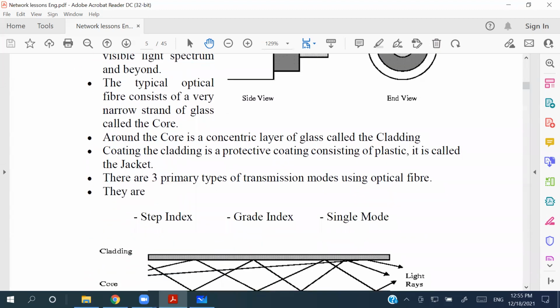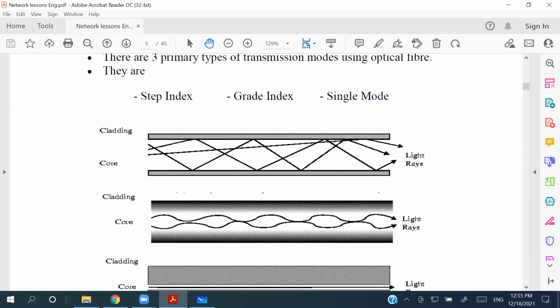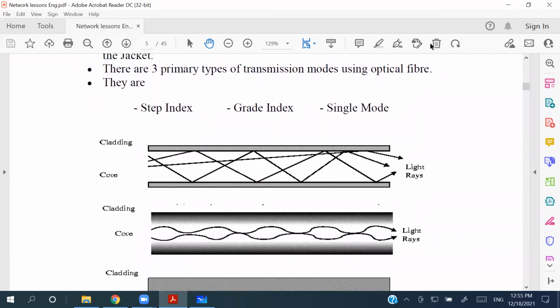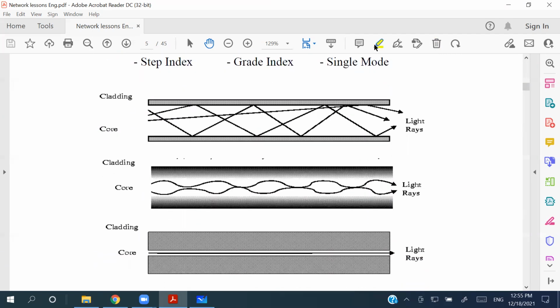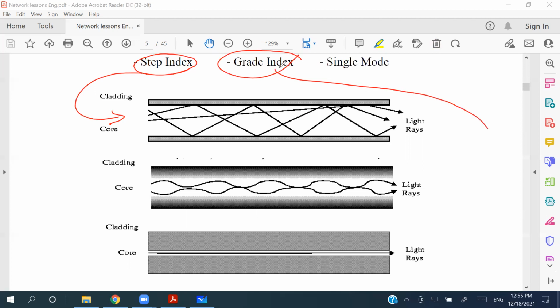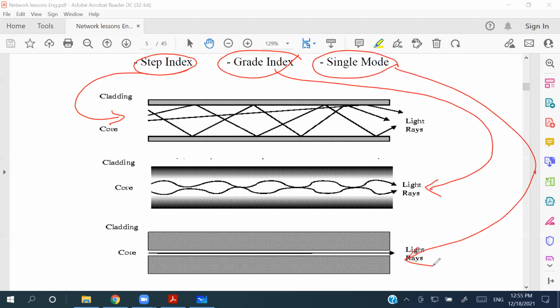As well as that, fiber optics has three types of transmission modes, which are called step index, graded index, and single mode, right? The first one, step index, means this particular one. The graded index is the second one, and the last one is the single mode. You can see the differences.